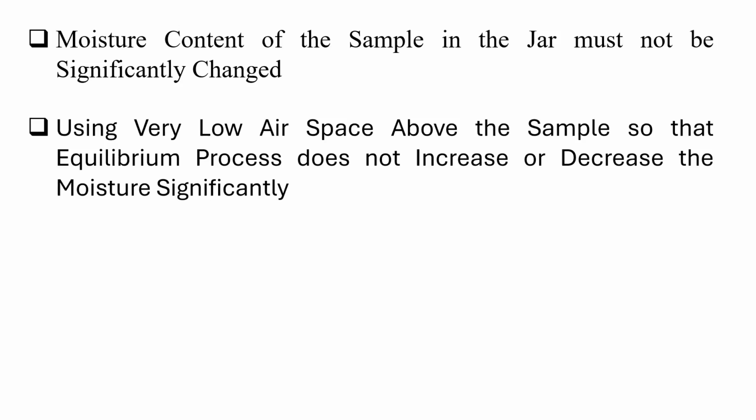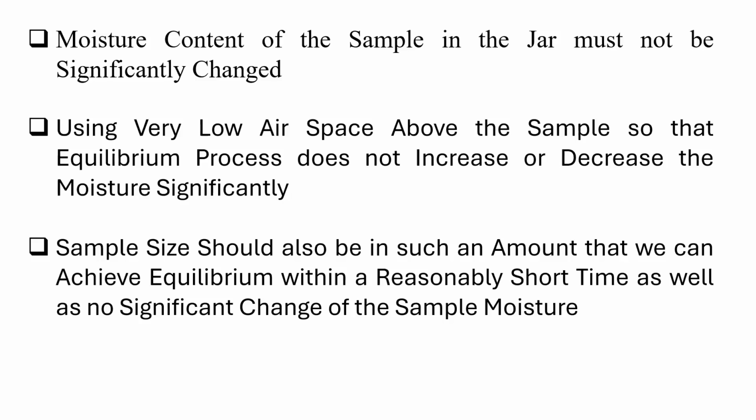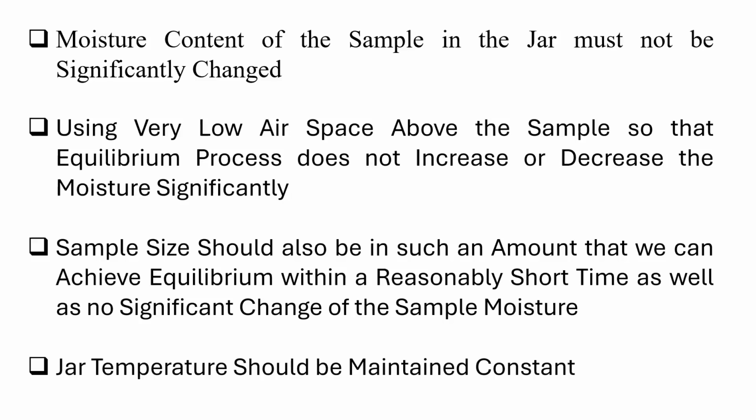In addition, the sample size should be such that we can achieve equilibrium within a reasonably short time, as well as no significant change of the sample moisture. In addition, jar temperature should be maintained constant. We could observe that commercial water activity meters comply with these criteria and provide guidelines for their instrument.